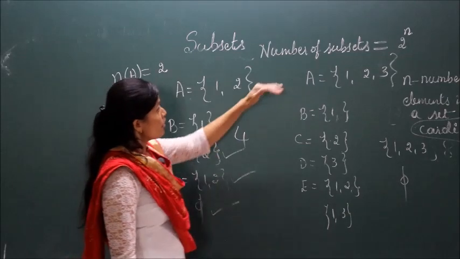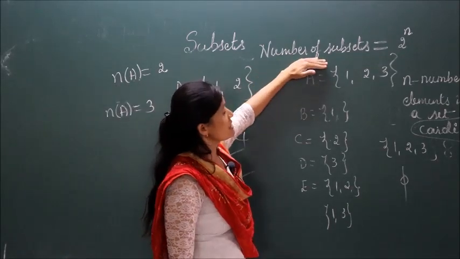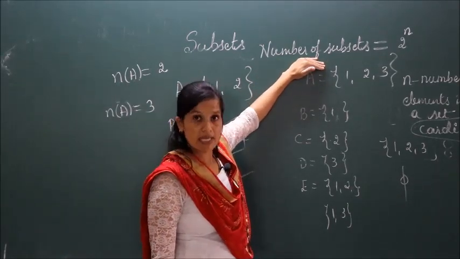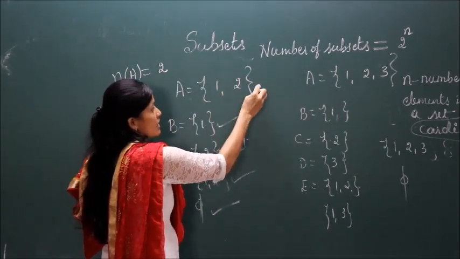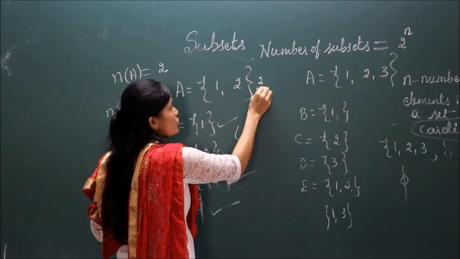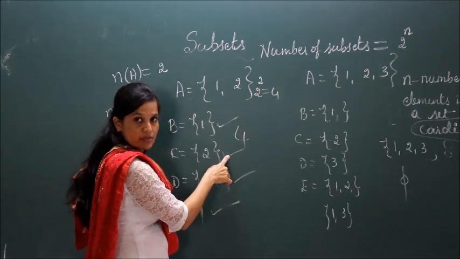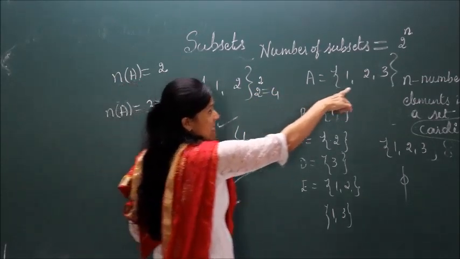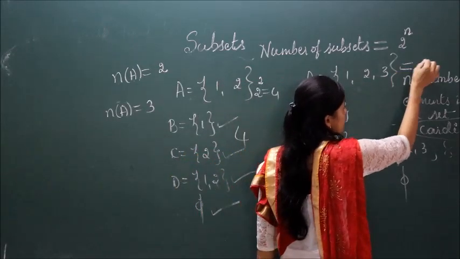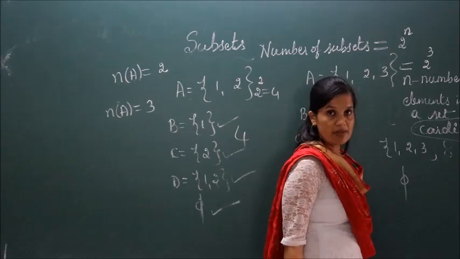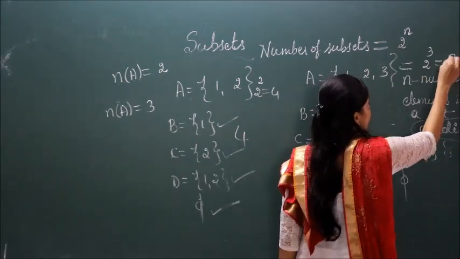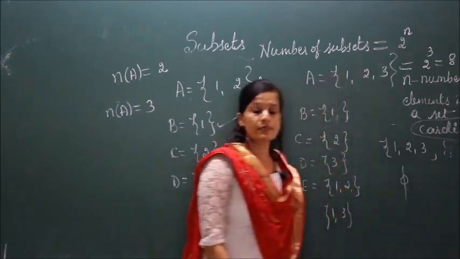Number of subsets for a given set is given by the formula 2 to the power n. In this case, how many elements are there? 2 elements are there. So number of subsets is 2 squared, it is 4. See, I got it. In this case, number of subsets is 2 to the power 3. n is 3, 3 elements are there. 2 to the power 3 is 8. You will get 8 subsets.